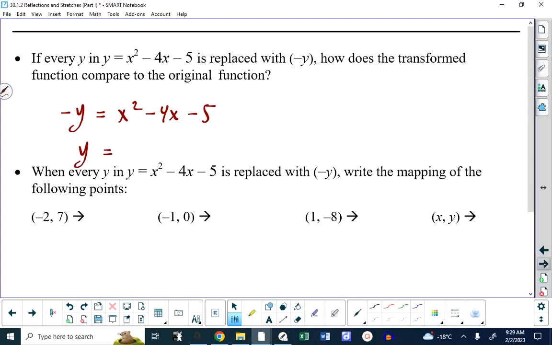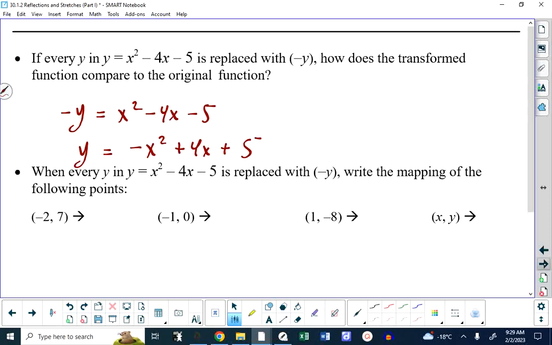I could just multiply both sides of the equation by negative 1. I could divide everything in the equation by negative 1, or I could move everything on the left to the right and everything on the right to the left. But I end up with the following. Just roll that around and make sure it makes sense in your head.